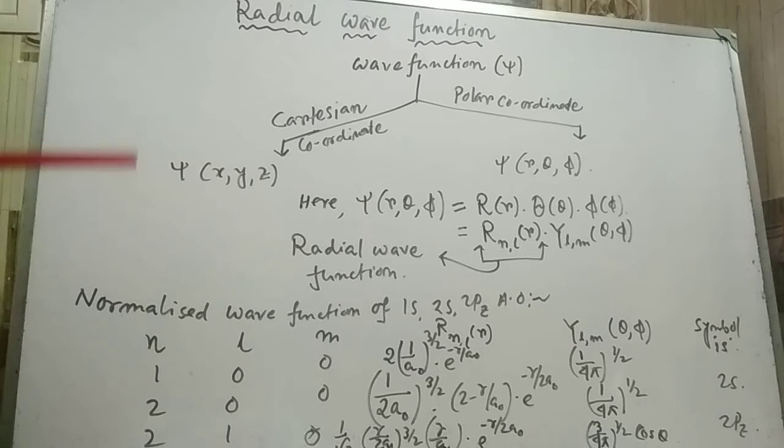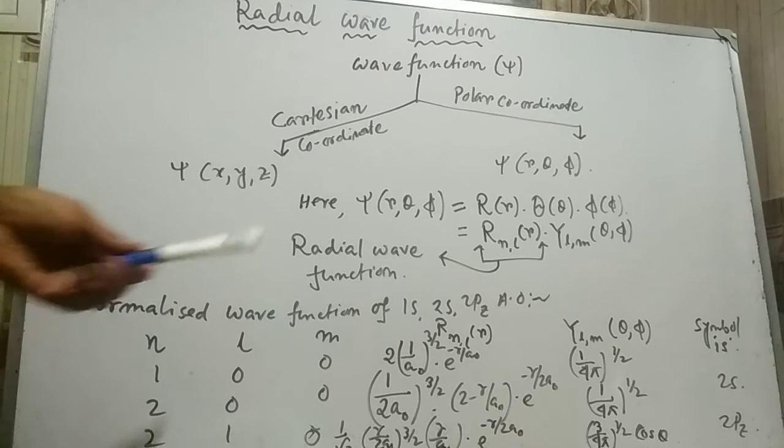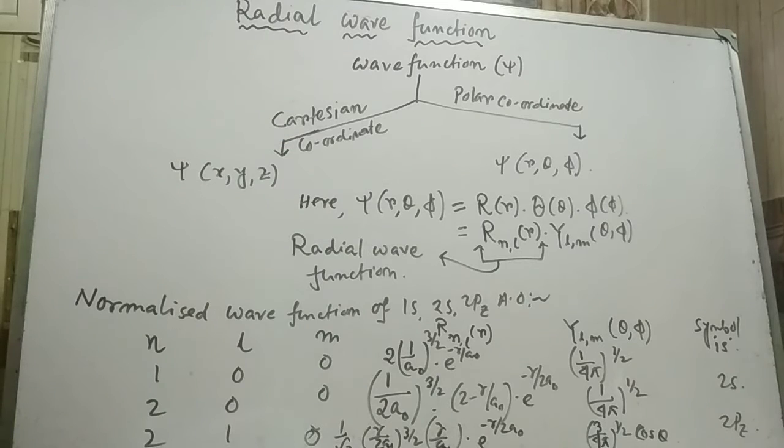So what is the curve? The curve is basically the radial wave function plotted against the distance, that is r. Now we are constructing the curve for the 1s, 2s and 2pz atomic orbitals.